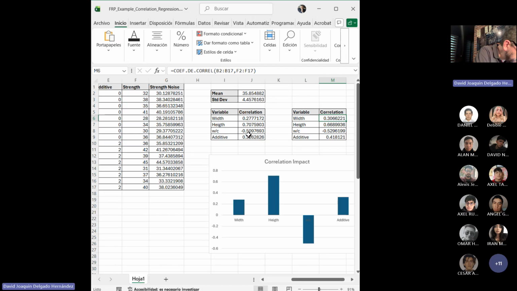Minus 0.5, minus 0.52, and 0.3 and 0.4. So they are very similar. So the answer is equivalent to the previous exercise.